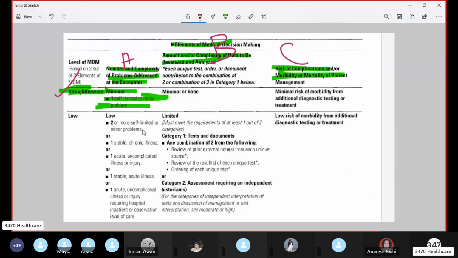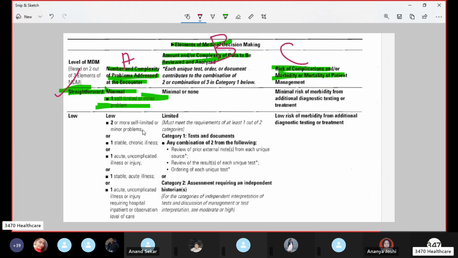What about chronic illness? Anyone tell what a chronic condition is?